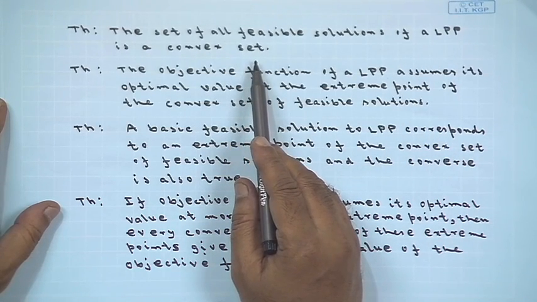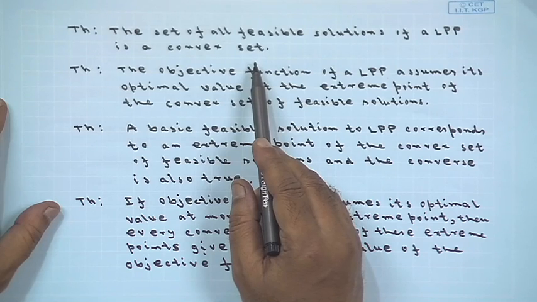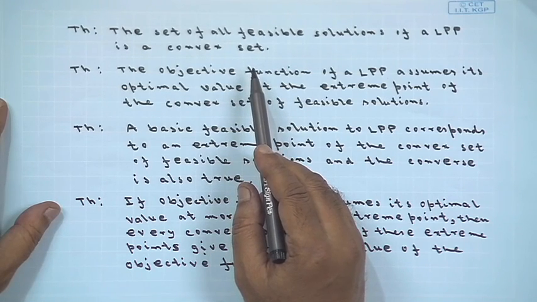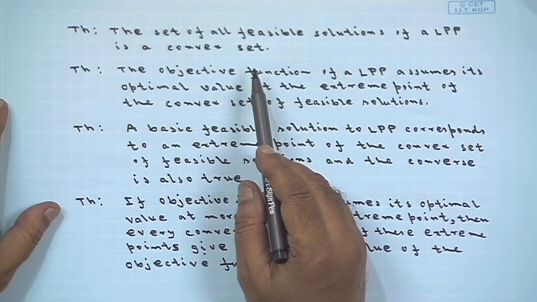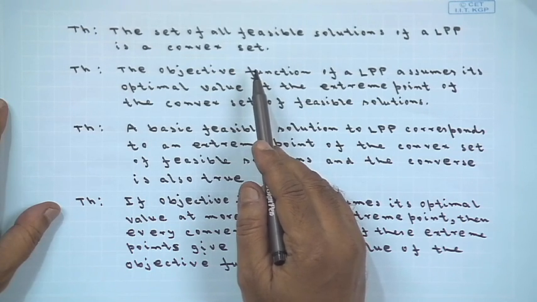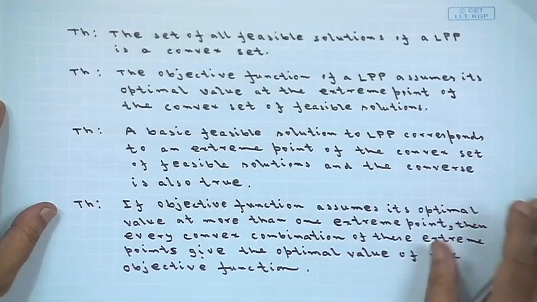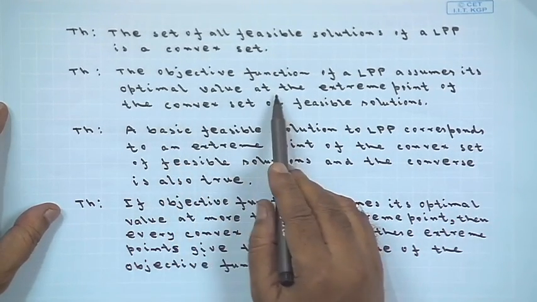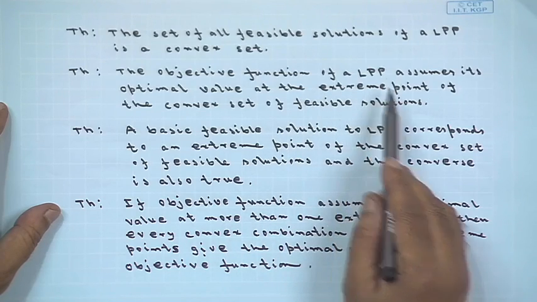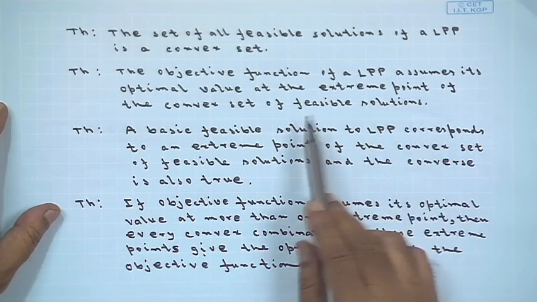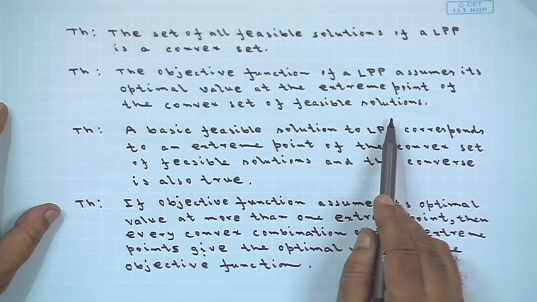So, this proves that if I have formulated one linear programming problem where the objective function and constraints are linear and they satisfy the other assumptions of LPP, then the feasible solutions will form a convex set. Similarly, the next theorem says the objective function of an LPP assumes its optimum value at an extreme point of the convex set of feasible solutions.